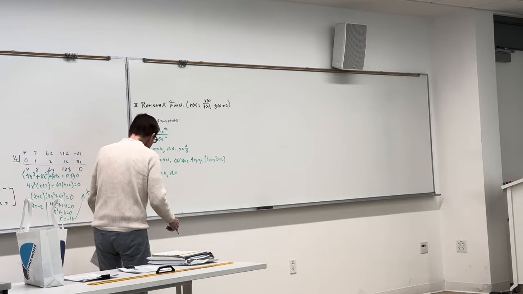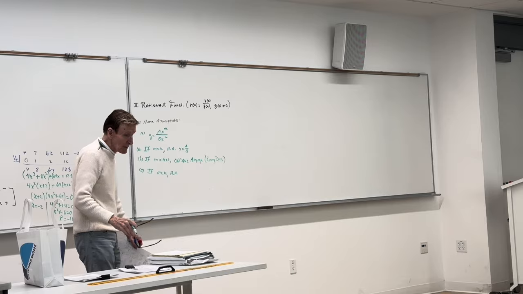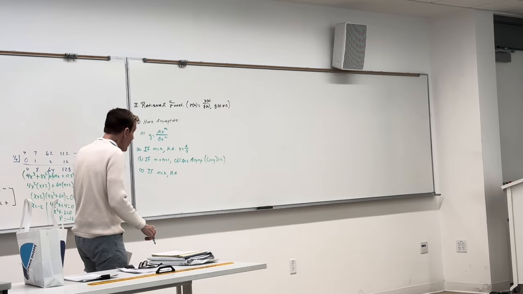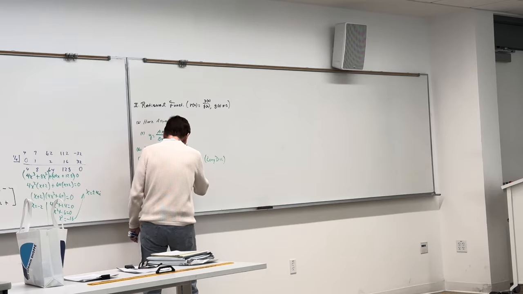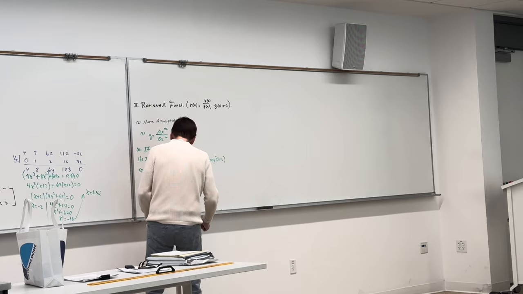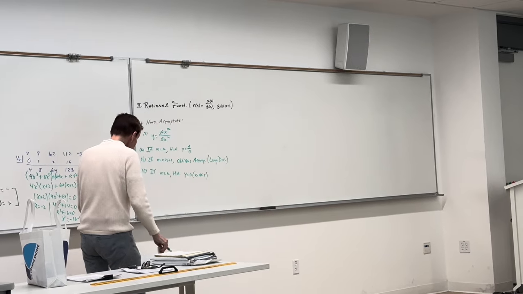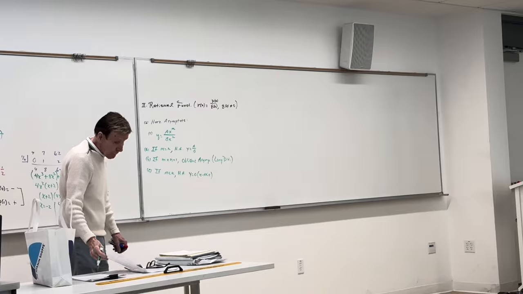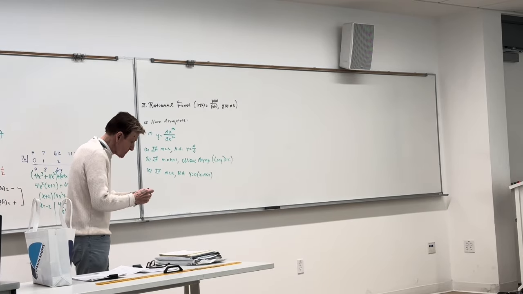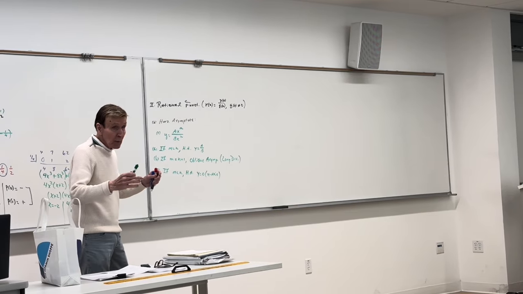Does anyone think they know what happens if the top exponent is less than the one on the bottom? Well, automatically, the horizontal asymptote will be the x-axis, y equals 0. So if you have like x over x squared, exactly. Okay? So I think those are the three we need to worry about.